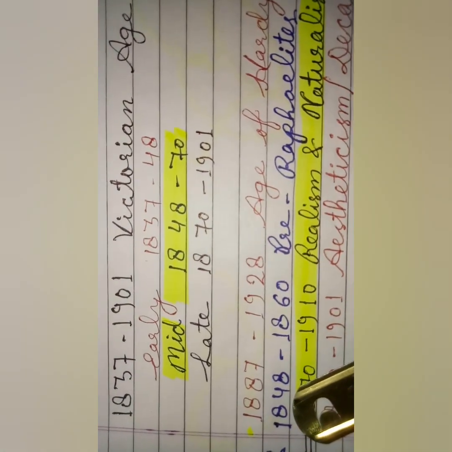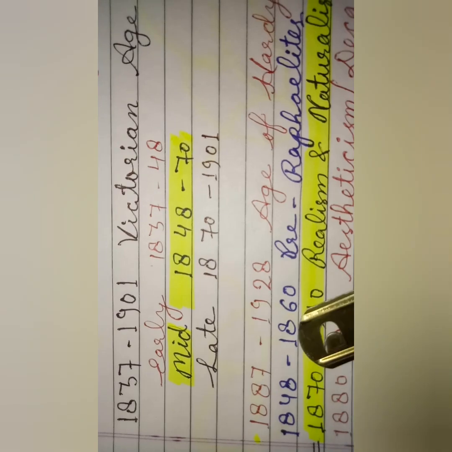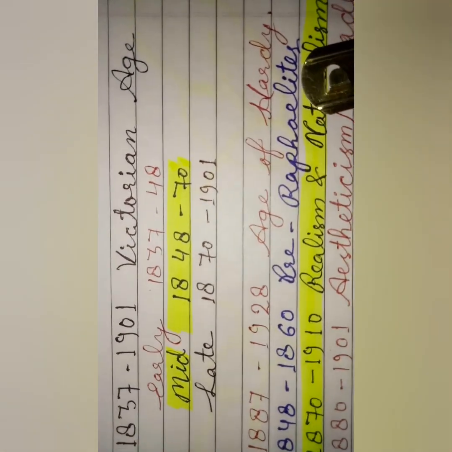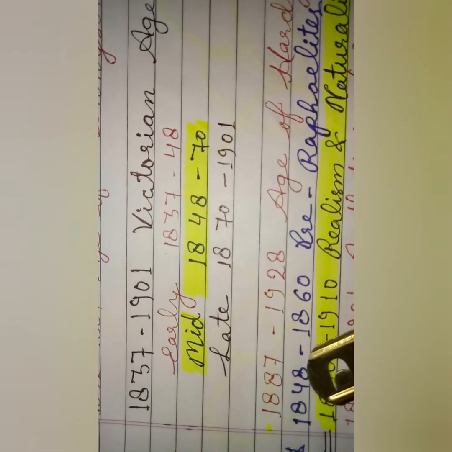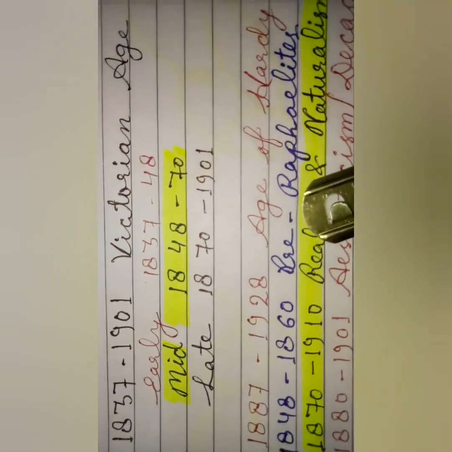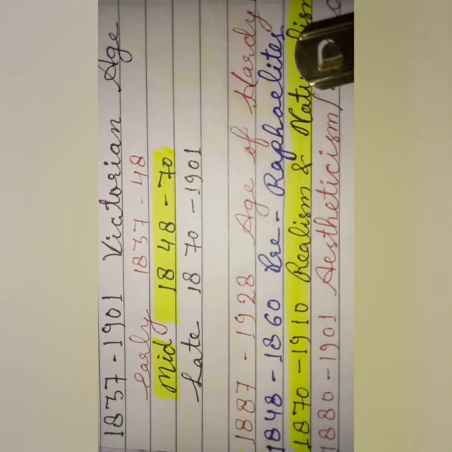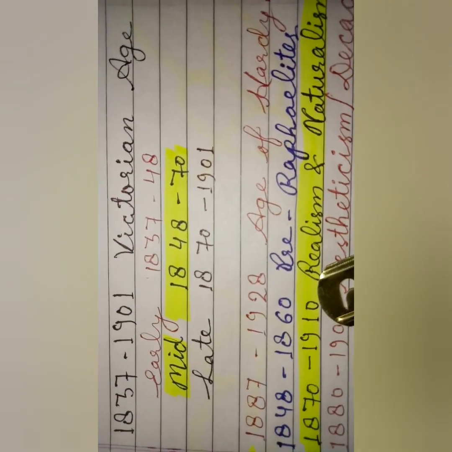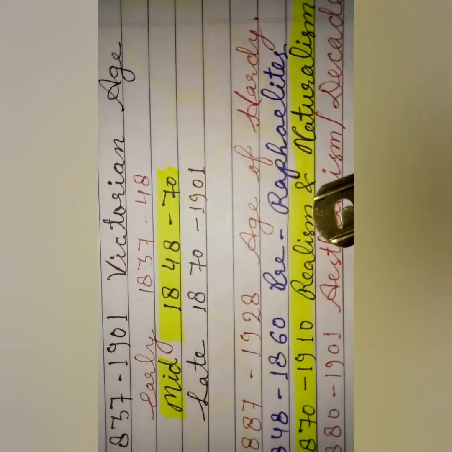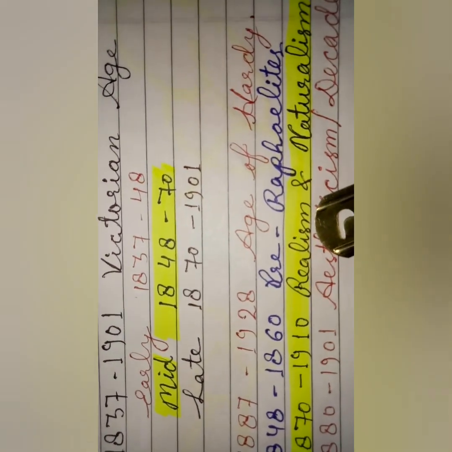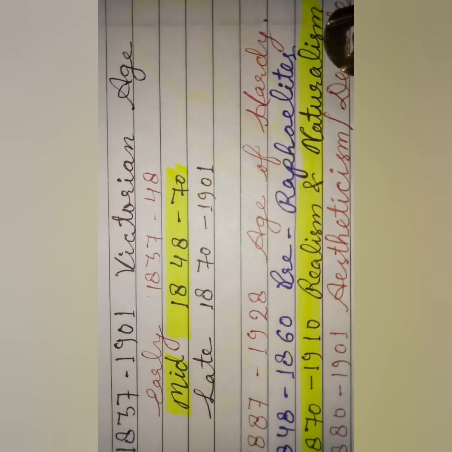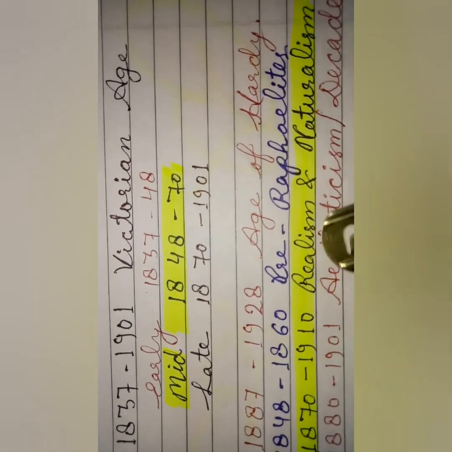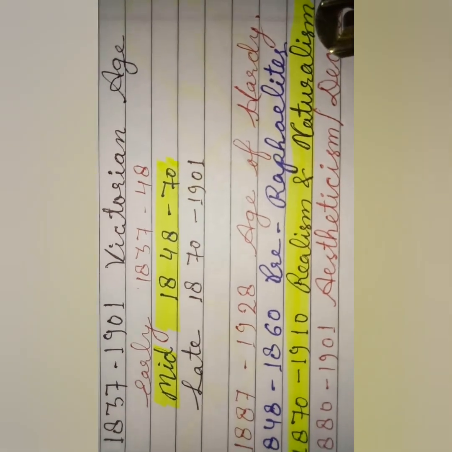The next one is 1848 to 1860, Pre-Raphaelites. The next one is 1870 to 1910, the time period of realism and naturalism.